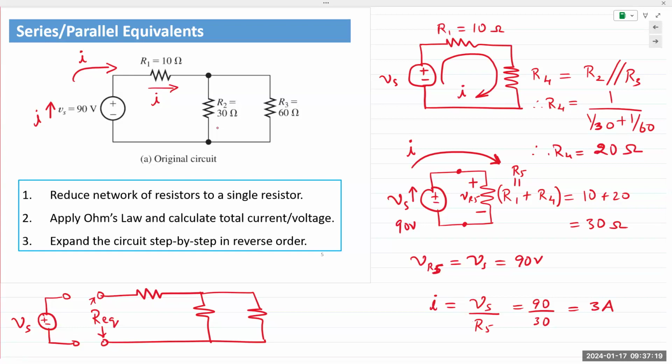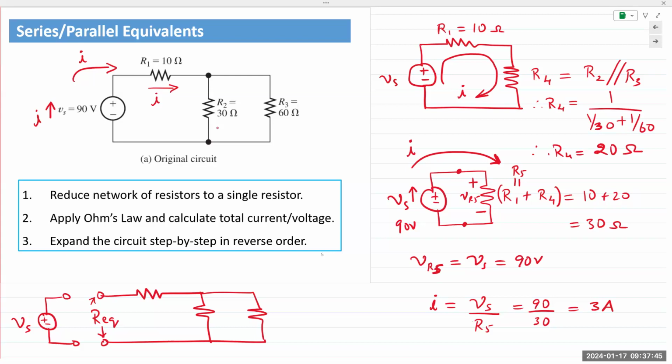So before writing this down, I'm going to explain it. I is the current that flows through Vs, through R1, and through R4. I know the value of I, I know the value of my resistors, R1 and R4. Apply Ohm's law, V equals IR. I can find the voltage drop across R1, and I can find the voltage drop across R4.